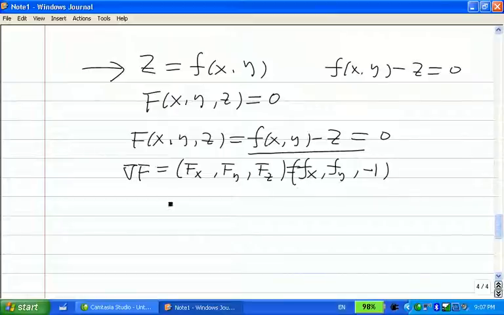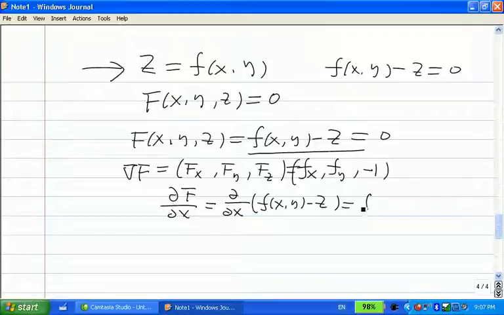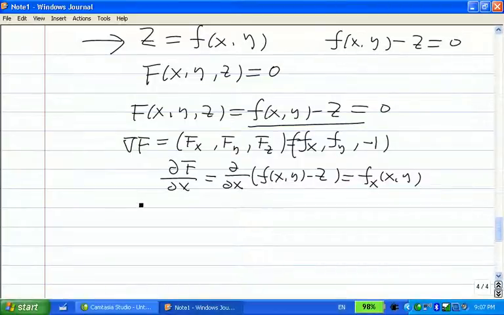Let me write this. Partial F with respect to x: what's your F? Your F is f(x,y) minus z. You treat y and z as constants, so it simply gives you fx. Then you just plug in.